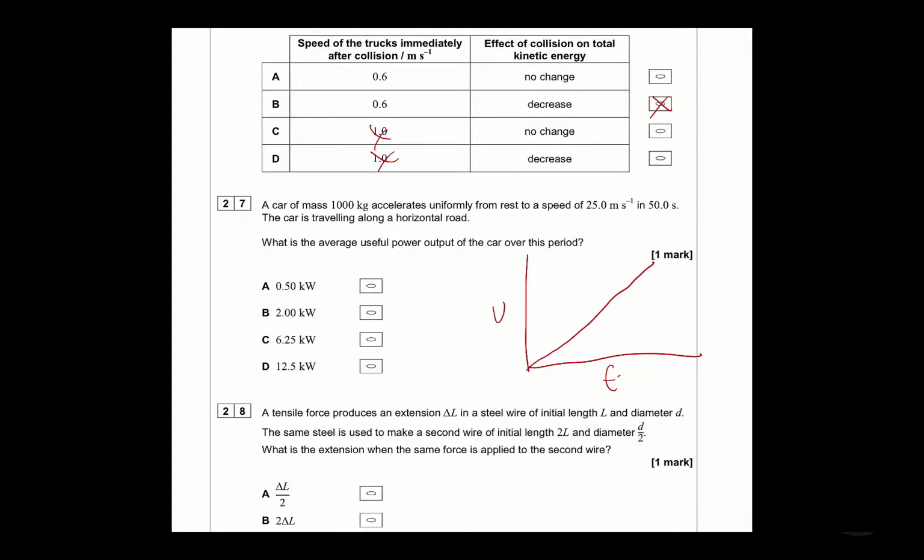I really want to divide it by 2. But no, it transferred the kinetic energy, and then I just divide it by the time. So the average power, it transferred that much energy in that much time, so 6.25. I don't have to divide it by 2 again. Yeah, so area under this curve.